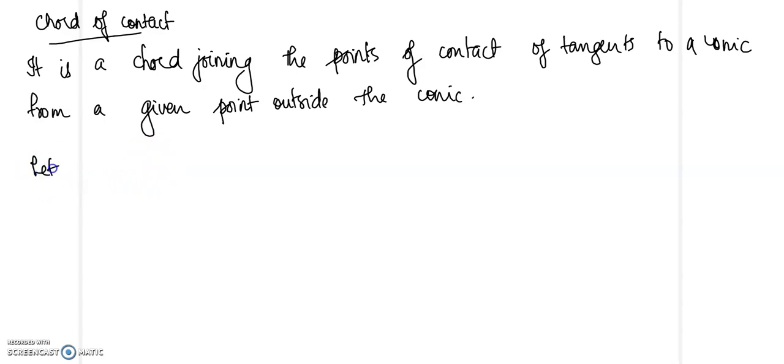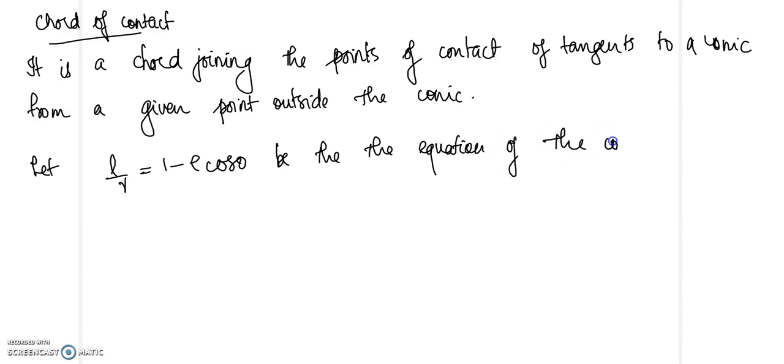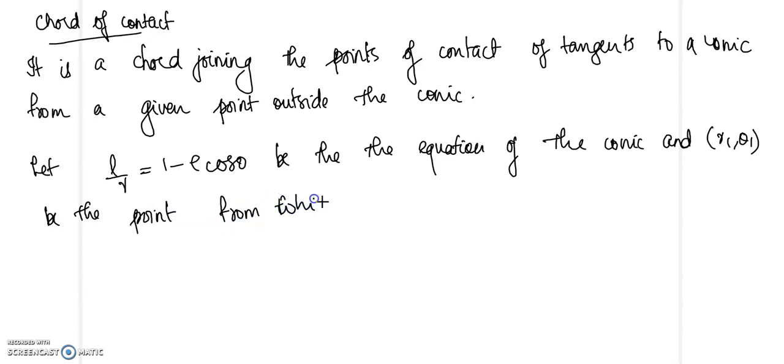So let l by r equal to 1 minus e cos theta be the equation of the conic, and we have a point r1 theta 1, so let r1 theta 1 be the point from which the tangents are drawn to the conic.